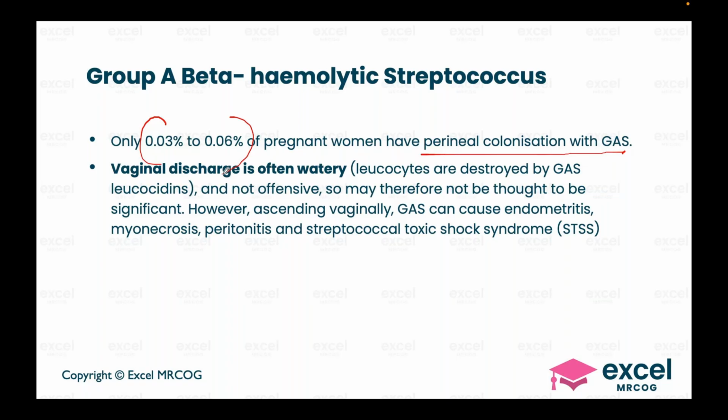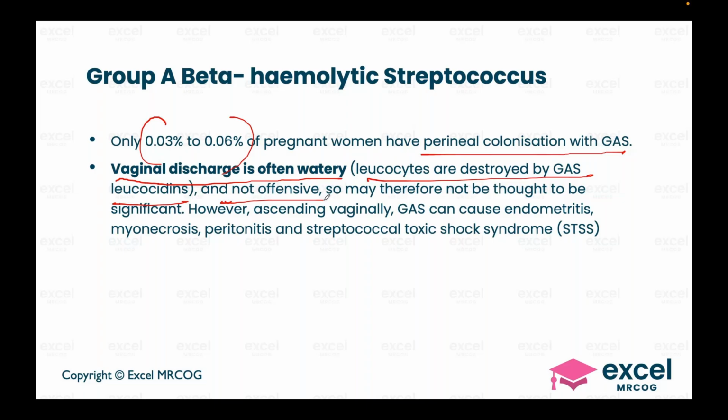But if there is infection, then the first thing that you will have is vaginal discharge, which is watery. Leukocytes are destroyed by GAS leukocidin, which we had discussed earlier. And therefore, what is the problem here is because it is not offensive, it is not purulent, it is just watery. So you may not take it seriously, but you need to take it seriously.